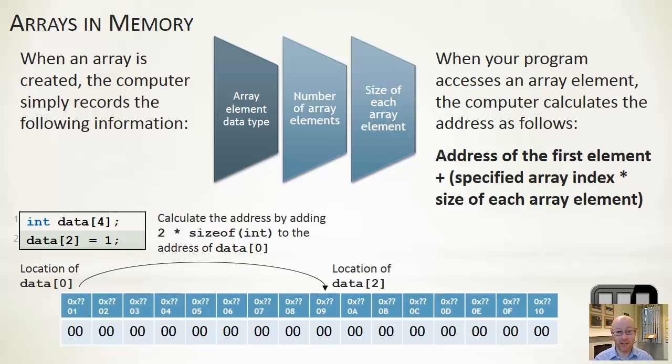That effectively calculates the location in memory that holds the particular array element that we're interested in. This gives you a bit of an understanding that when we access arrays, behind the scenes there's a quick calculation that forms the address we can go to get the array element that we're interested in.